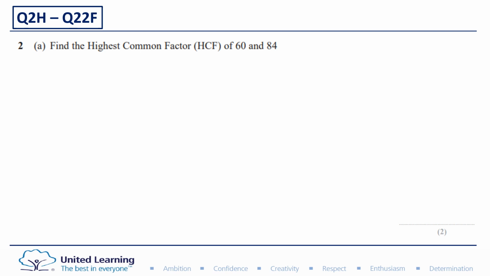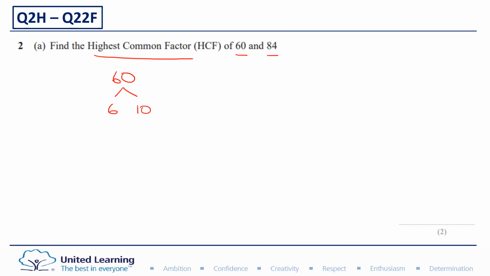Question 2 on higher tier and question 22 on foundation asks us to find the highest common factor of 60 and 84. So the way I'm going to do this is I'm going to set it out using prime factor form. This is probably the way that most of you have been taught how to do this. So I'm going to do the prime factors of 60.